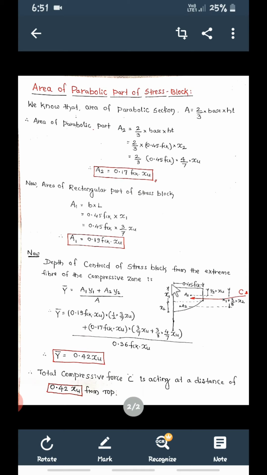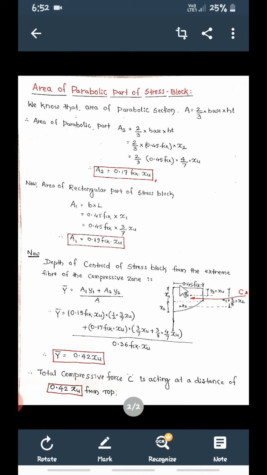So Y2 will be x1, which is 3 by 7 xu, plus, from this to the centroid of this parabola, 3 by 8 of x2.